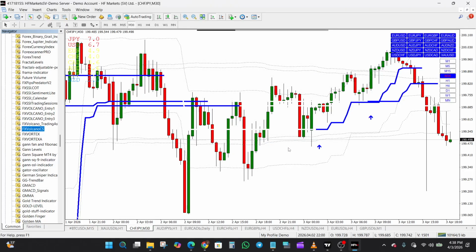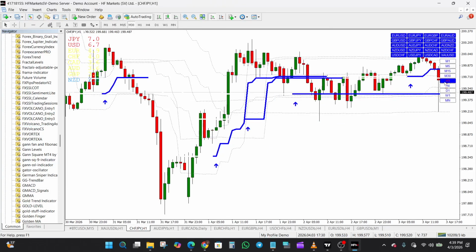So now you will see that this is a comprehensive trading system. We have precise buy and sell signals, and at the same time you can see that it's a multi-time frame indicator.